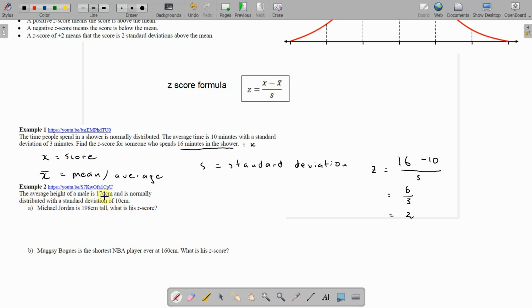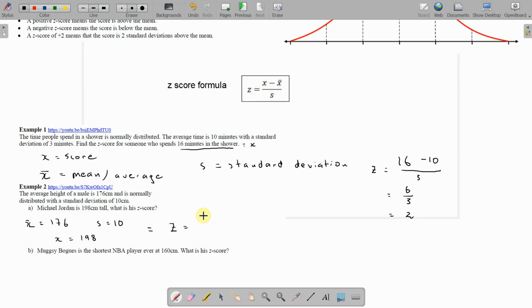Average height of a male is 176, so already we've got X bar. Average mean is 176. Normally distributed, so we're dealing with this curve, standard deviation of 10, so S equals 10. And Michael Jordan is 198 centimetres, so his score is 198. What's his Z score? Okay, same formula.